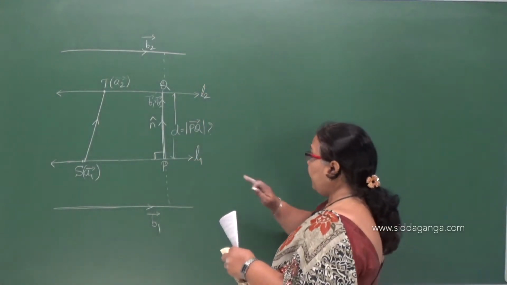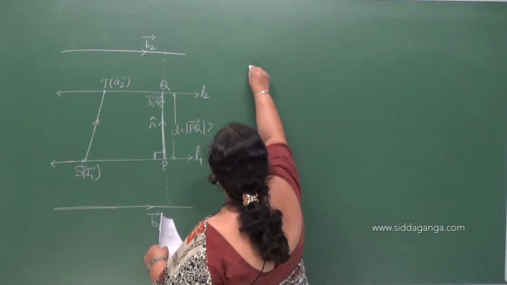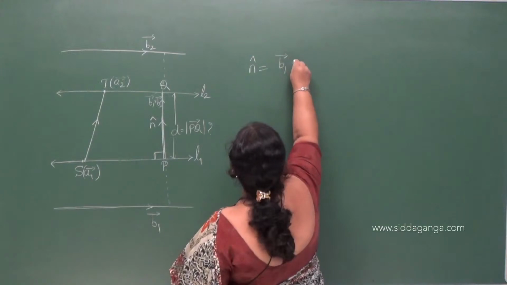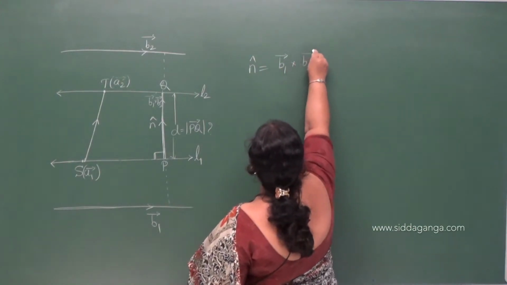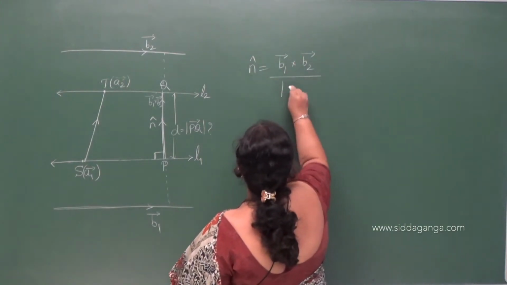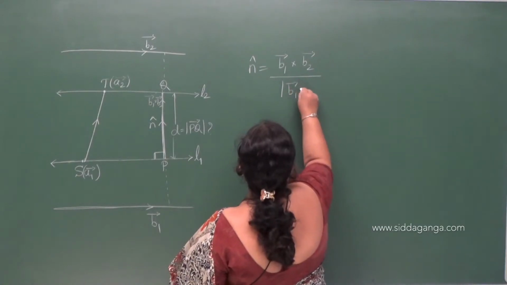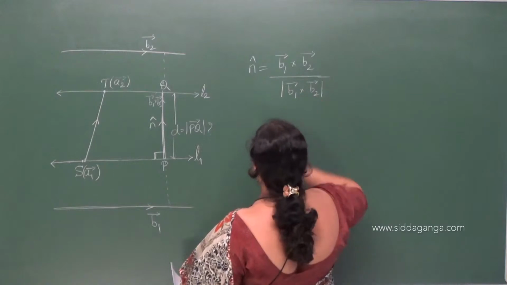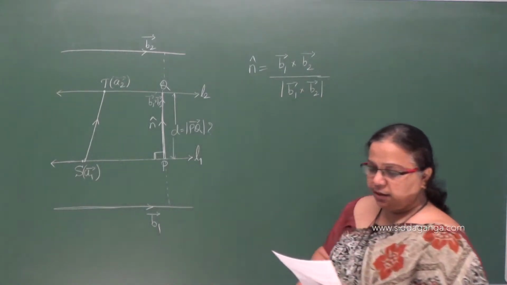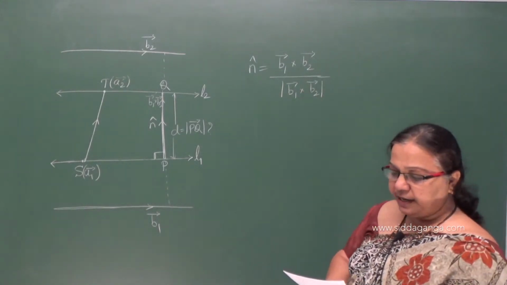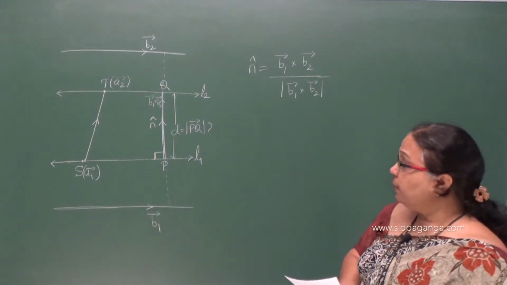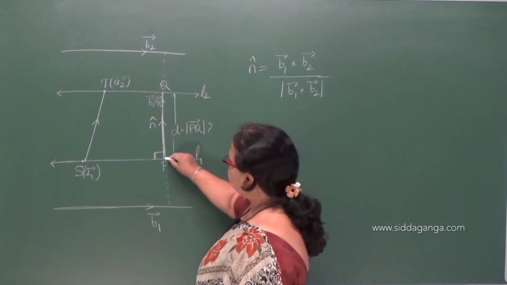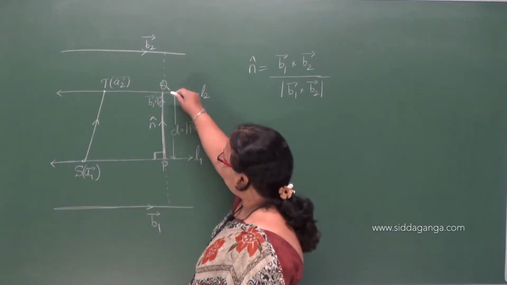So therefore we have n cap equal to vector B1 cross vector B2 divided by magnitude of B1 cross B2. Magnitude of B1 cross B2, that is n cap. Now vector PQ, nodi, the shortest distance is nothing but PQ line.